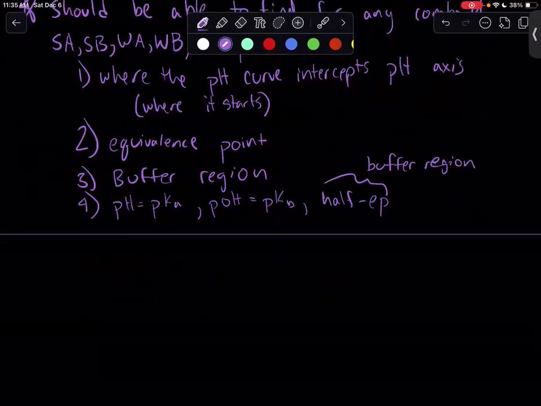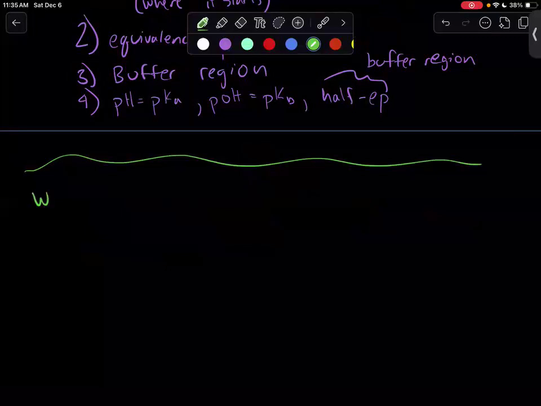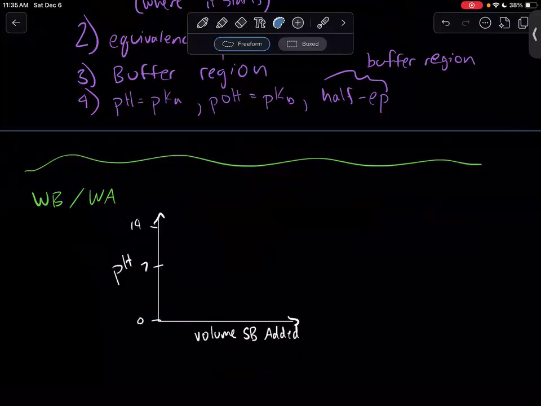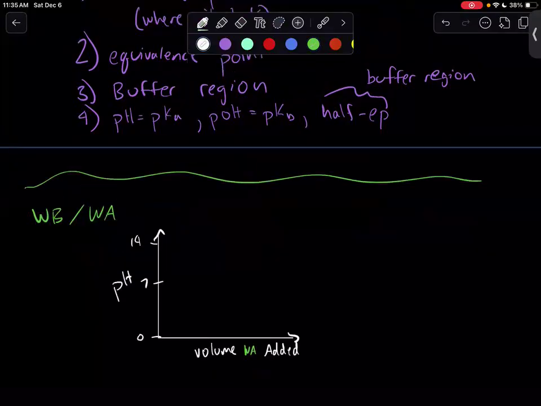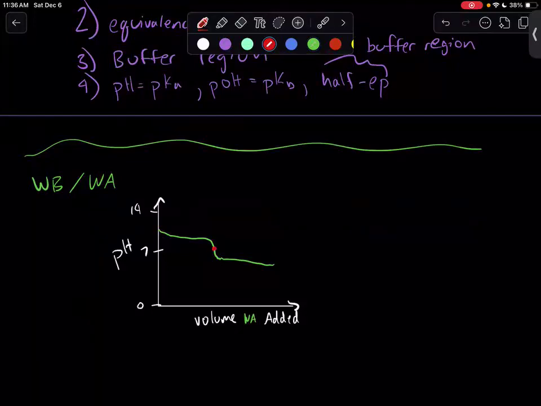Now, the last thing in this whole pH curve business is what if we have a weak base with a weak acid? We'll go ahead and change that over to weak acid added. Now, because this is a weak base starting point, we know our pH is going to start a little lower. We're going to have that kind of buffer region, some inflection, and then drop off. This is a pretty uneventful pH curve.